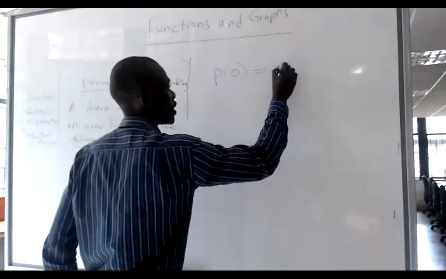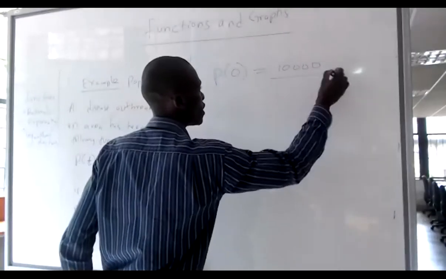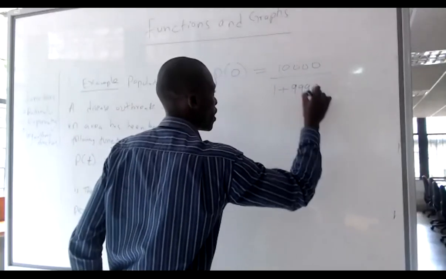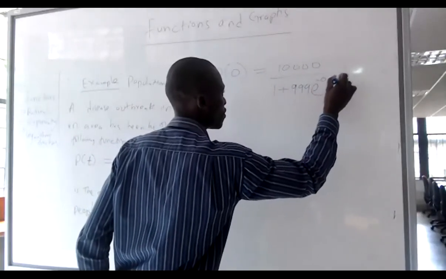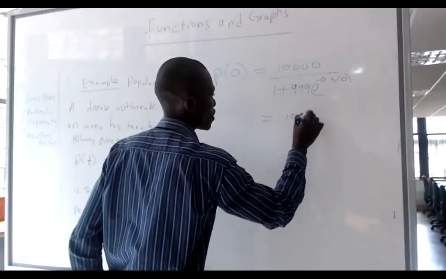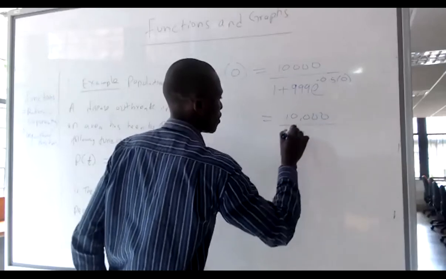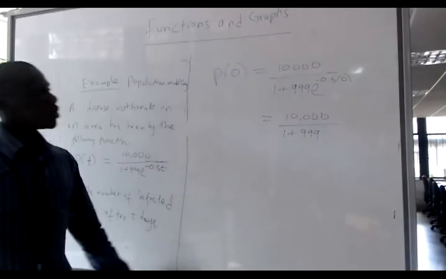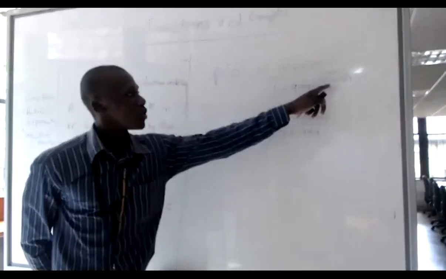So that should be 10,000 divided by 1 plus 999 exponent negative 0.5 times 0. So what is exponent of negative 0.5 times 0?